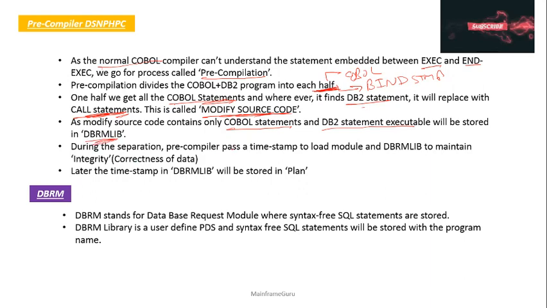During the separation, the pre-compiler passes a timestamp to the load module and the DBRM library to maintain the integrity and correctness of data. So there is a matter of timestamp between the load module and our plan. Later the timestamp in DBRM will be stored in the plan.